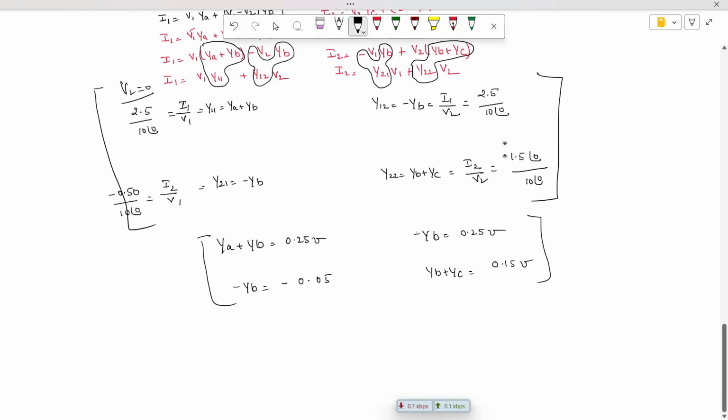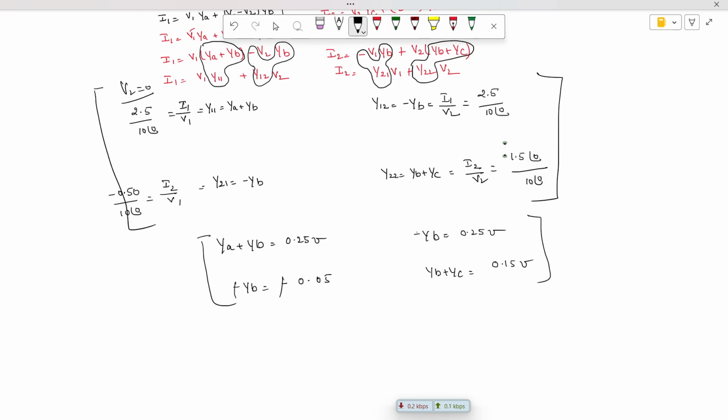So in this case, let us take the value of Yb as one value. The value of Yb we are going to take as 0.05.